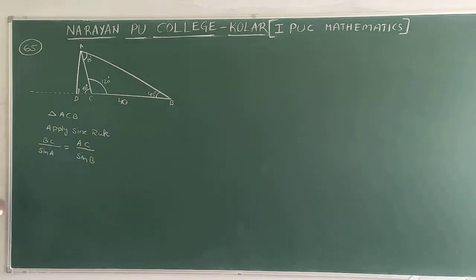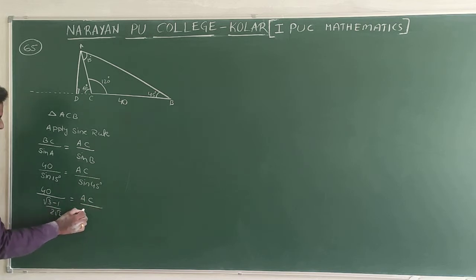Now BC is nothing but 40 by sine 15. AC we don't know, B value we know, sine 45. Now 40 by sine 15 value, root 3 minus 1 by 2 root 2, is equal to AC by sine 45, which is 1 by root 2.